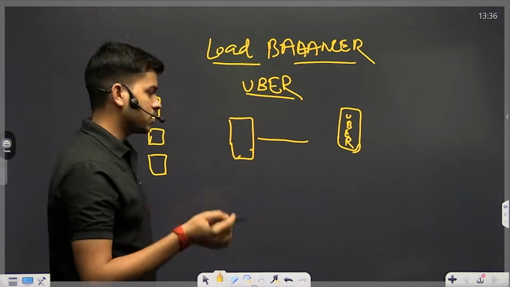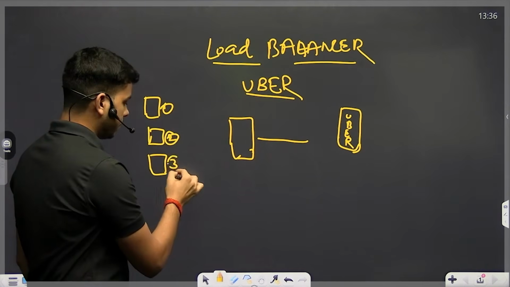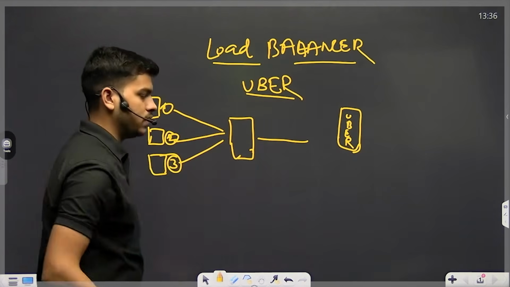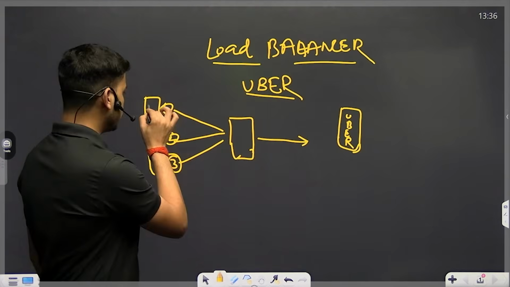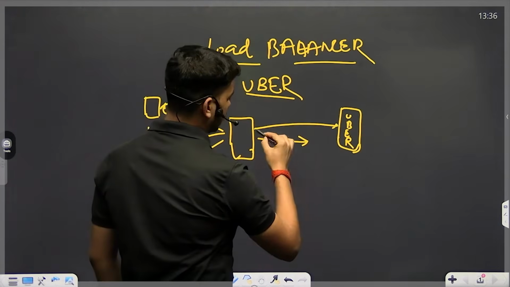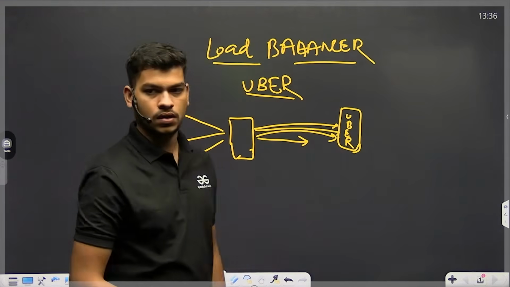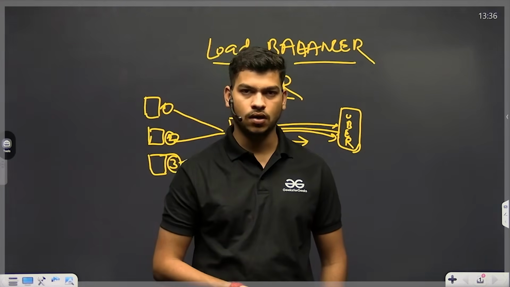This is the connection, this is user 1, user 2, and user 3, and all of them are trying to book a ride in the morning to reach the office. As long as there are only users 1, 2, and 3, this server can handle the load of 3 requests on its own, no issues. Only 3 requests are coming onto the server, and it is efficiently able to handle the crowd of 3 people.